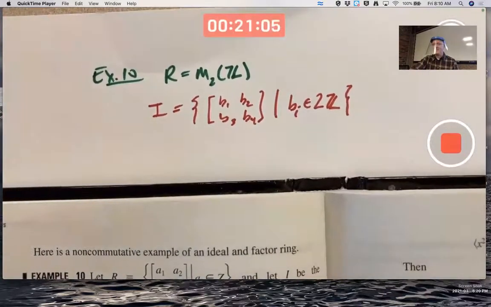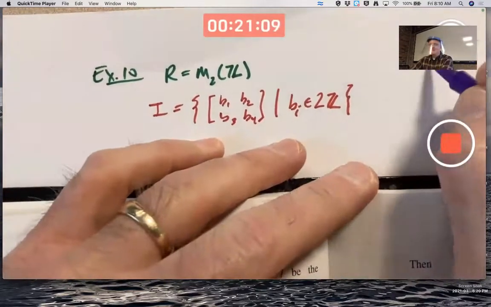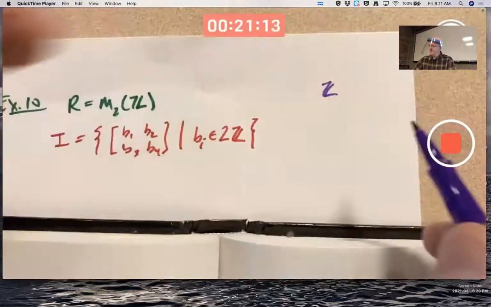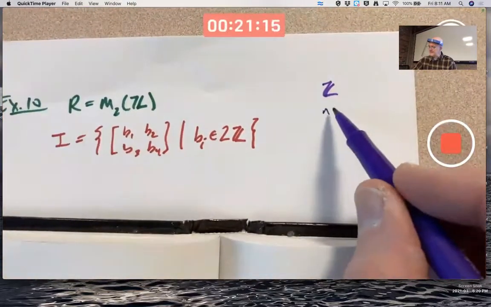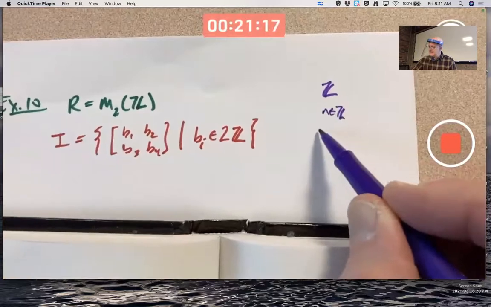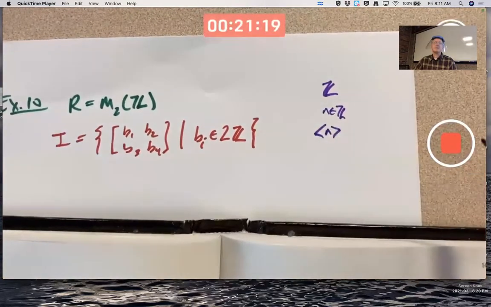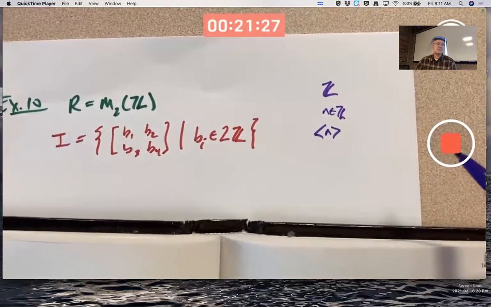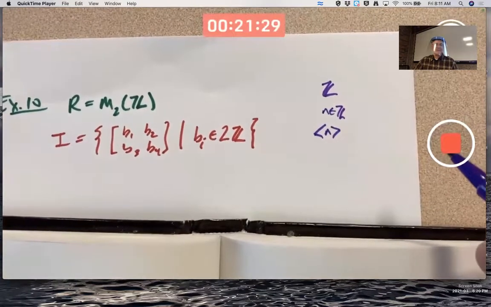A side comment here: in the integers, Z, you've got an element of Z. The cyclic subgroup generated by that element and the principal ideal generated by that element are the same when the ring is Z. In general, they're different, but for Z, they're the same.